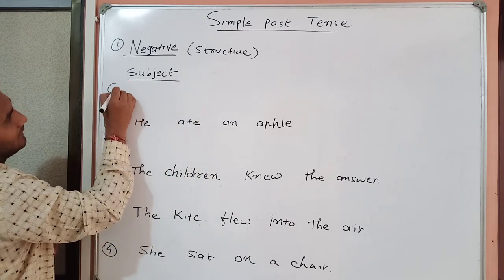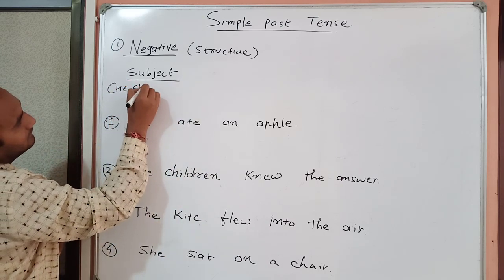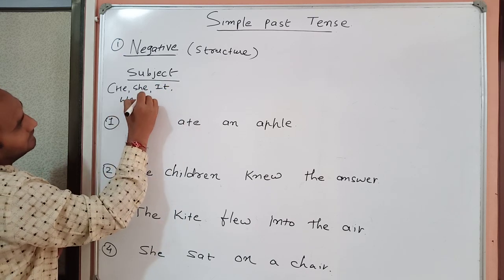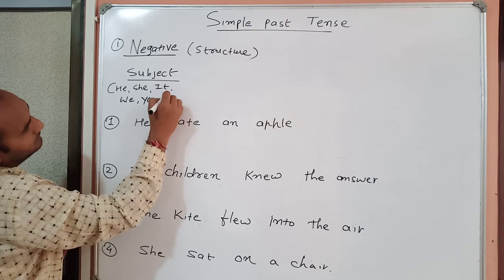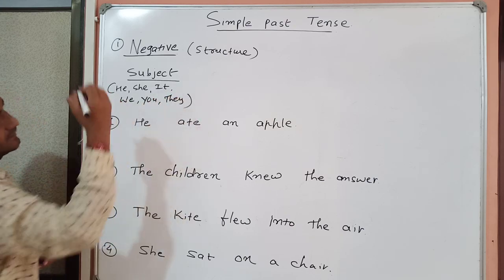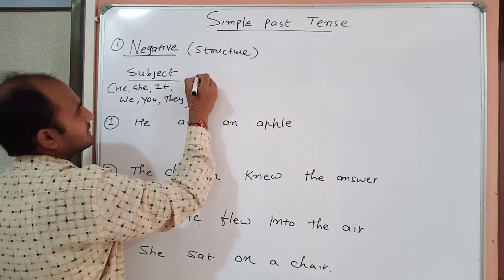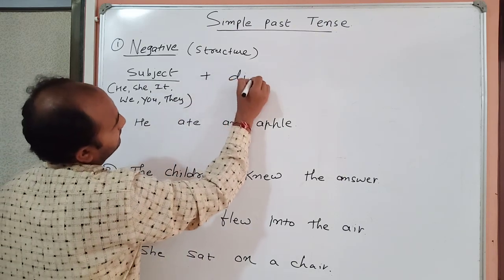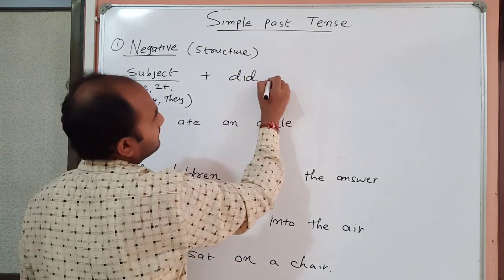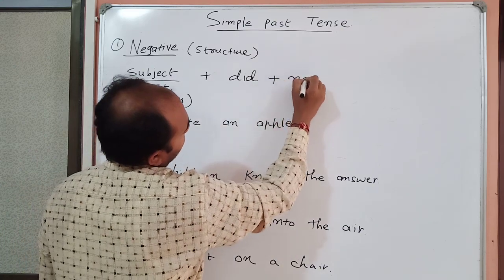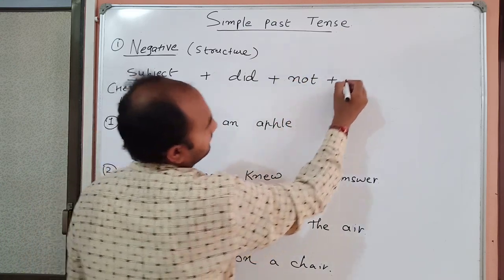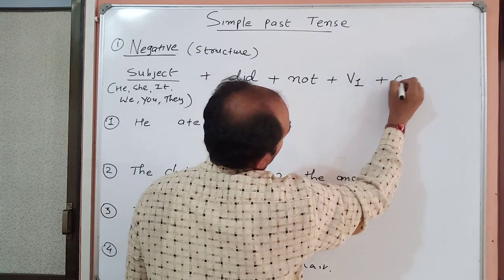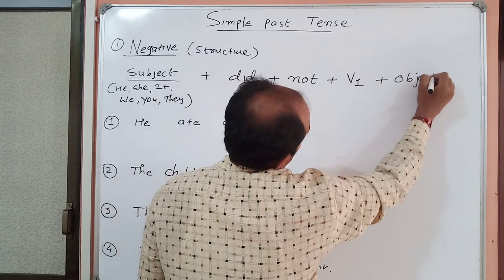Subject, you know very well: he, she, it, we, you, they. That means subject, then did, then not, then V1, then object.